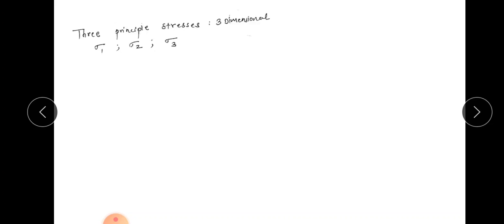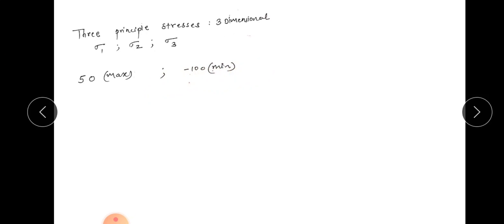Okay. Now this value may be either maximum or minimum. That is, the value of principal stresses may be either maximum or minimum, considering the sign. Sign means compressive we consider negative and tensile stresses we consider positive. For example, if 50 and minus 100 are two values, then minus 100 is the minimum and 50 is the maximum value.